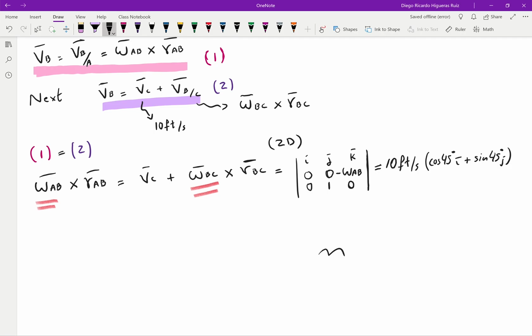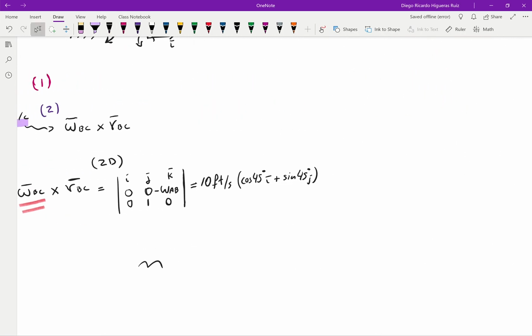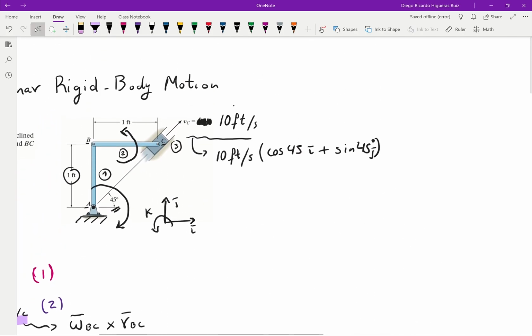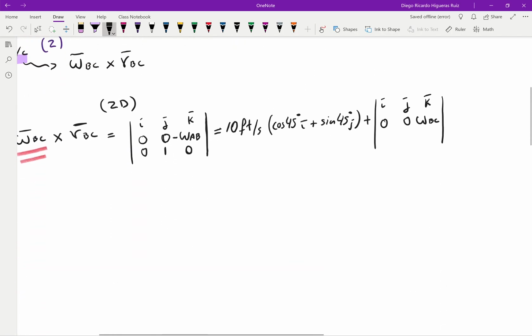And finally, we also have the cross product, which is gonna be 0, 0, omega BC, because I assume omega BC to go counterclockwise, which is positive.